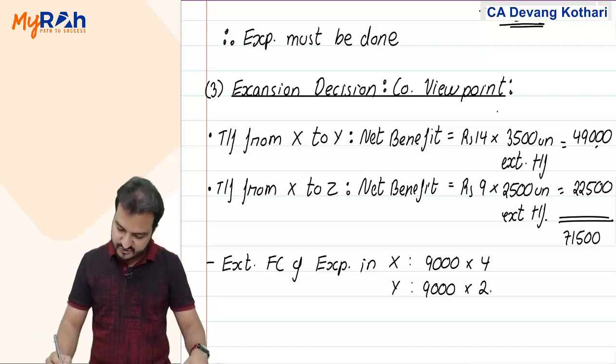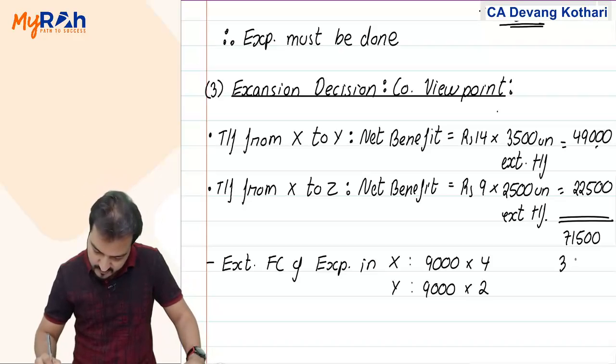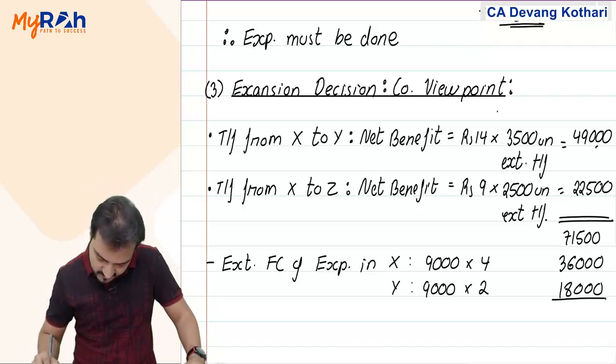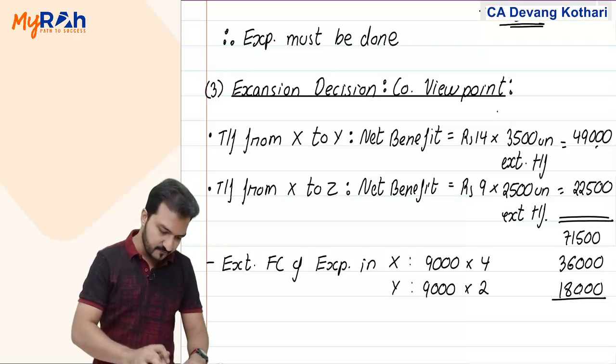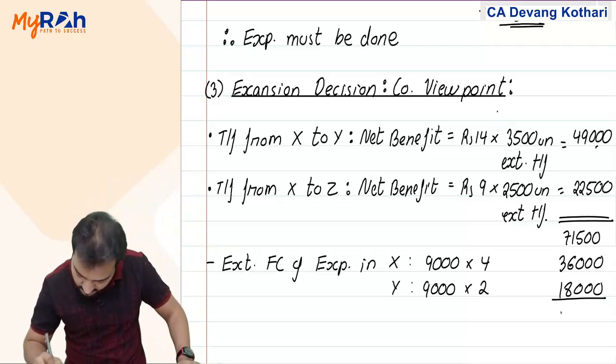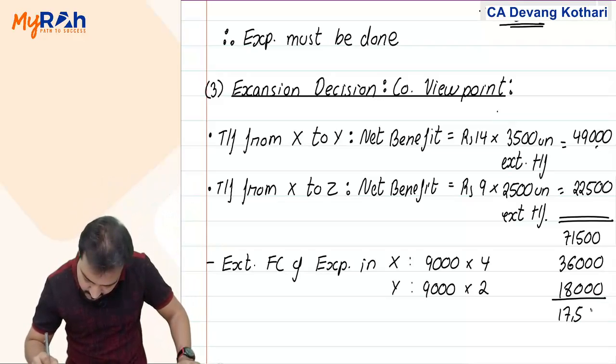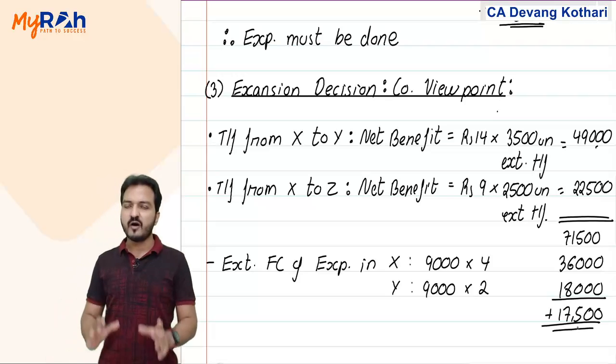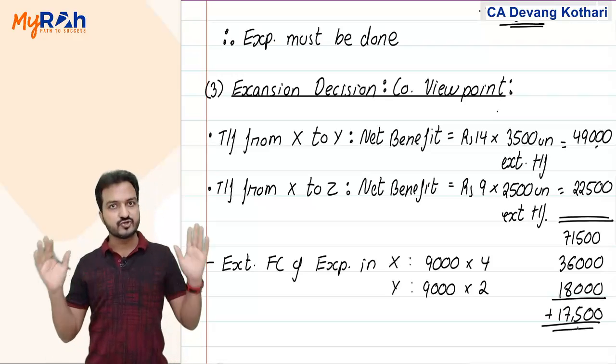So total extra cost is 36,000 and 18,000. Still there is a net benefit from the company viewpoint, still a net benefit of 17,500. So the decision from company viewpoint is that both the expansions should be done.